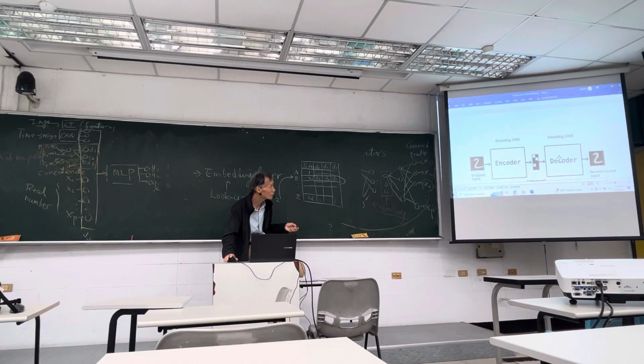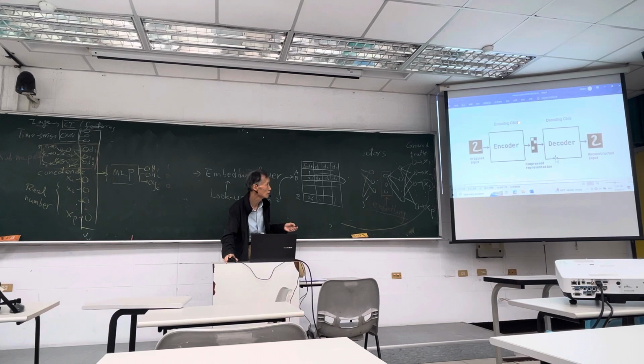And here, if the input is vector value, then we go for MLP. If it's unstructured like image or time series data, then typically you can use CNN, as I just mentioned, LSTM, or transformer. We have an encoder, decoder. Again, we use the output of the encoder as our features.